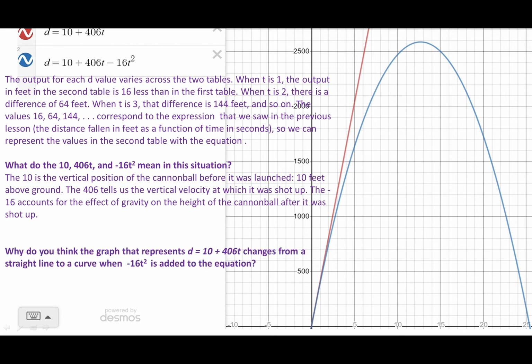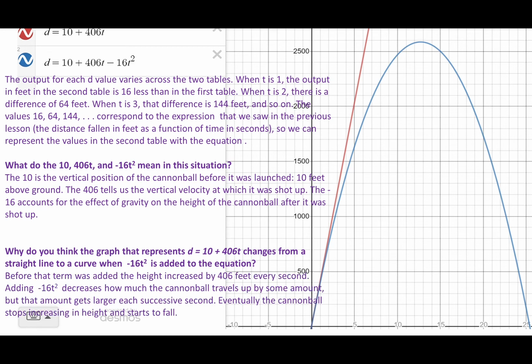The next question, why do you think the graph that represents d equals 10 plus 406t changes from a straight line, so from this red line, to a curve when negative 16t squared is added to the equation? Why does that become a curve? Before the negative 16t squared is added, the height increases by 406 feet every second.